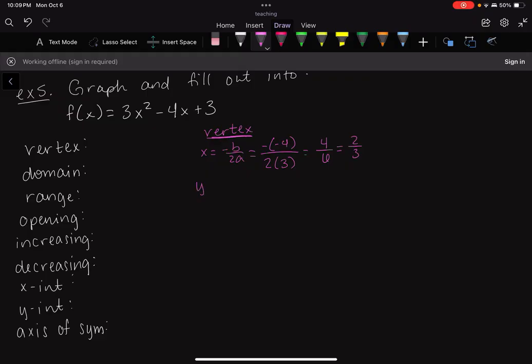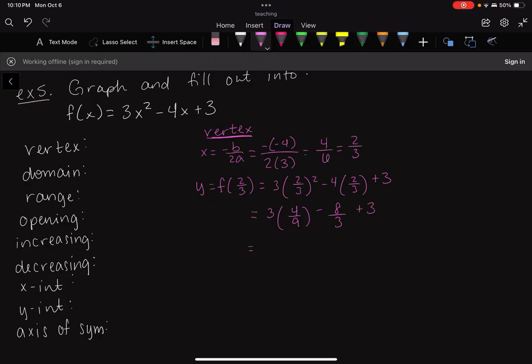Now for the y for my vertex, I'm plugging in that x value. So I get 3 times (2/3) squared minus 4 times 2/3 plus 3. Simplifying, this is going to give me 4/9 minus 8/3 plus 3.